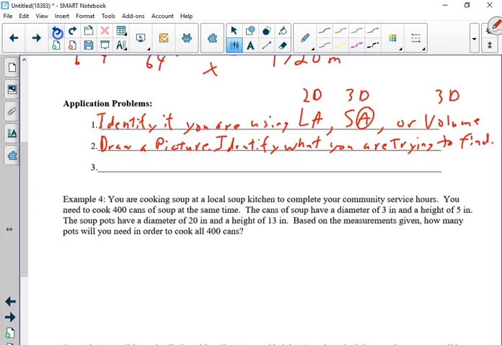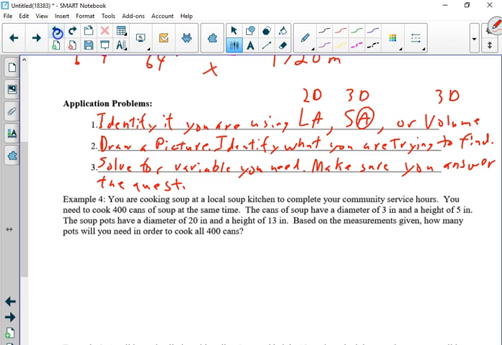And number 3, solve for the variable you need. Make sure that you answer the question asked. Now, sometimes we get a number and we go, oh, that's it. And that's not actually answering the question. So answer the question that was asked.